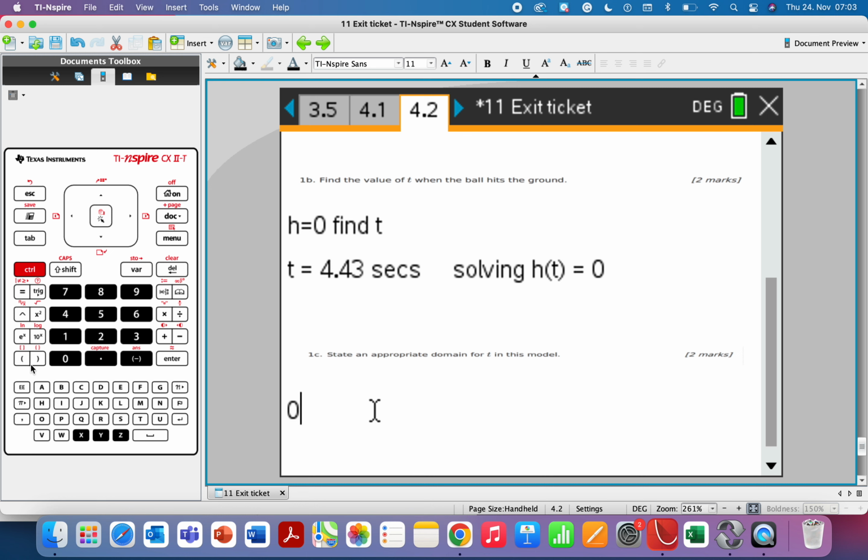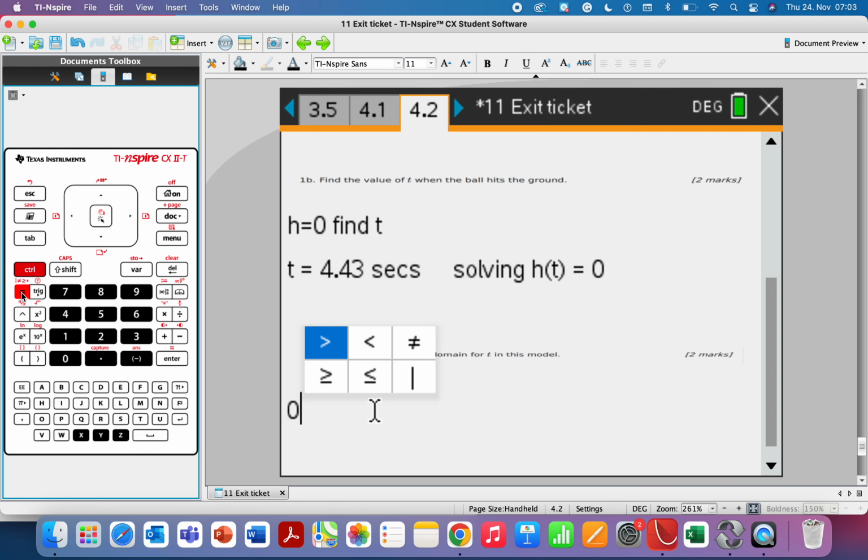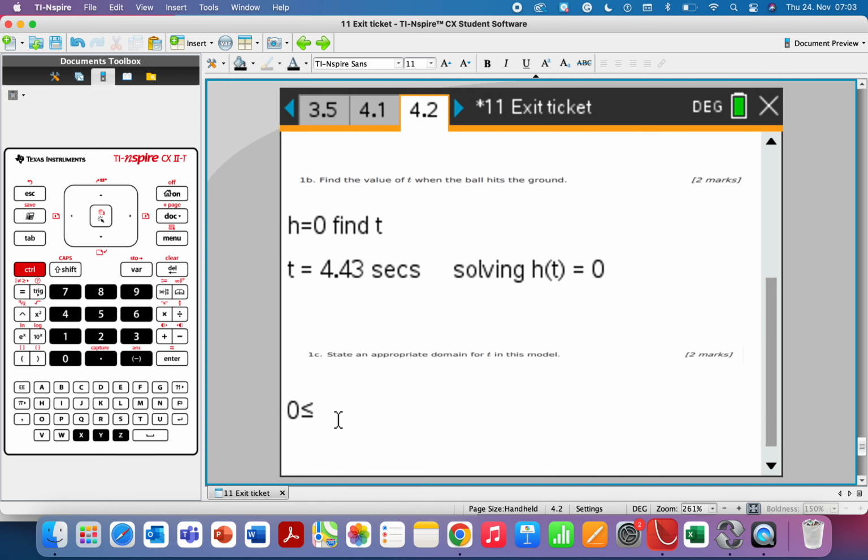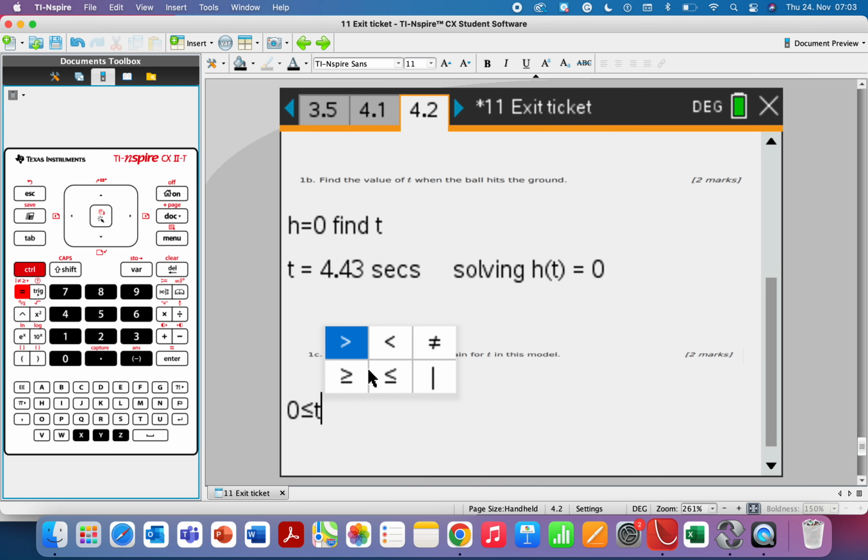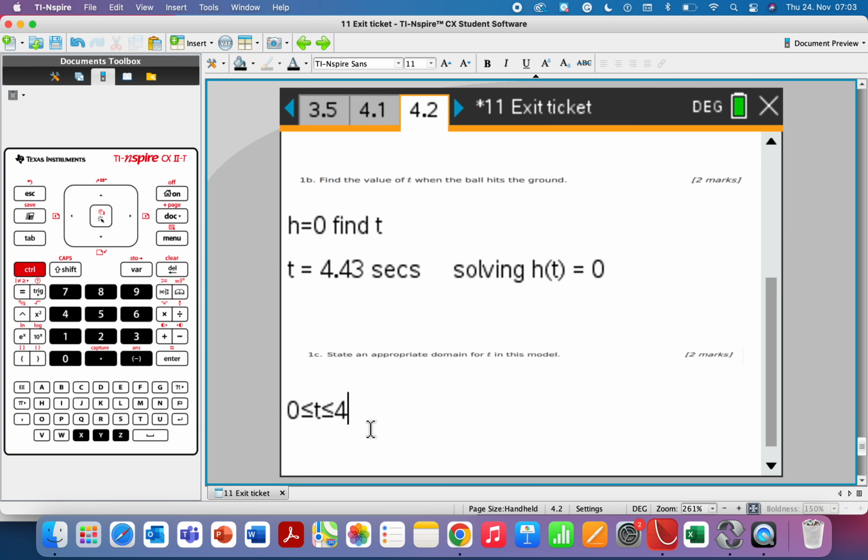They can appear on the magic button, which is Control equals. Control equals. And notice we can equal 0. That's the time where it starts, the bat hits the ball. And we finish at the 4.43. And that's your full answer.